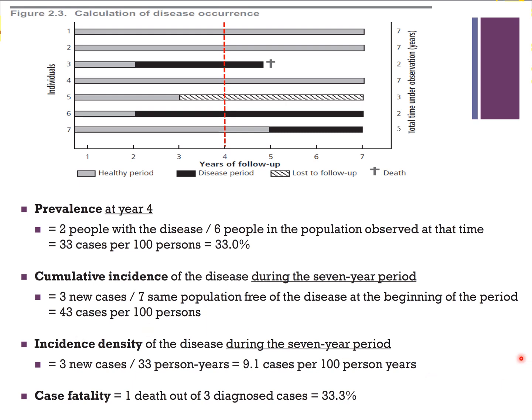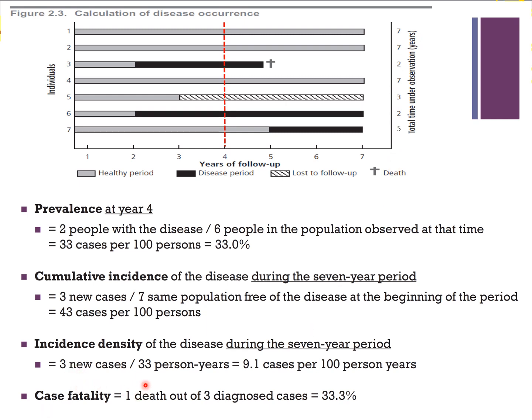Incidence density of disease during the 7-year period is 3 cases over 33 person years. So we have learned how to calculate person years. When we total up this, we will get 33 person years.